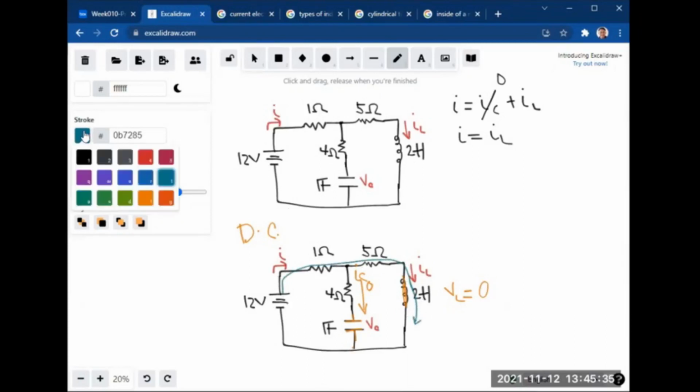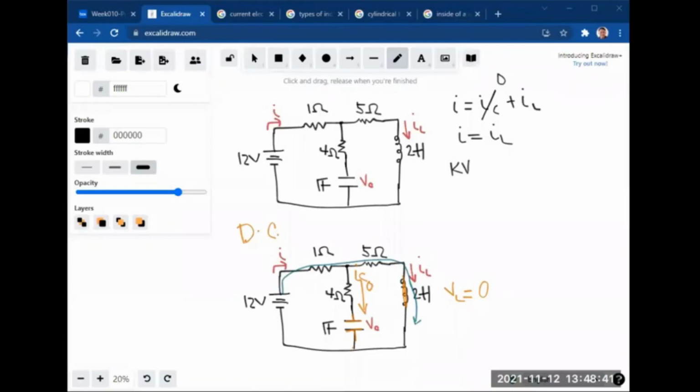Now KVL. We will follow the blue line because this is the line that has a current flowing.